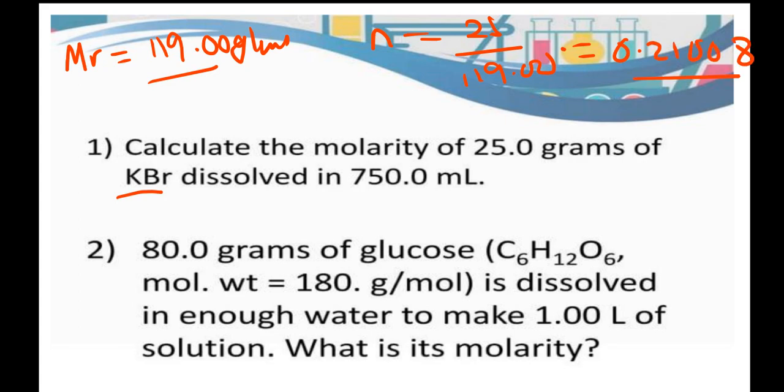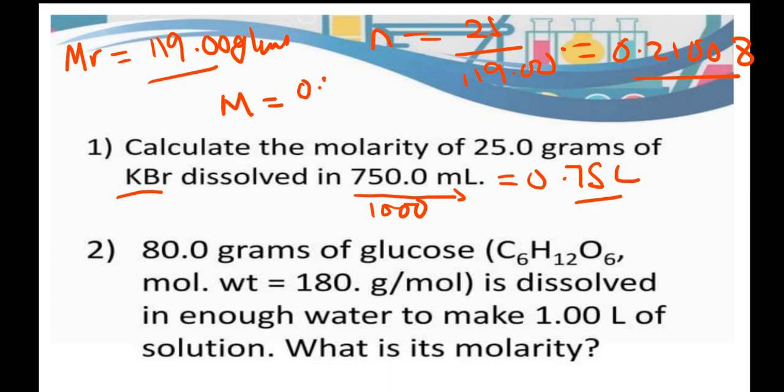So we divide by 1000 here, and it's going to give me 0.75 liters. So to find our molarity, we're going to say this is equal to the moles divided by the liters, so 0.75. Whatever we find here will be our answer.